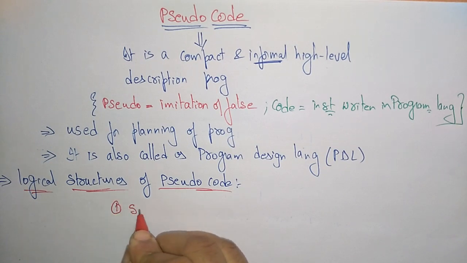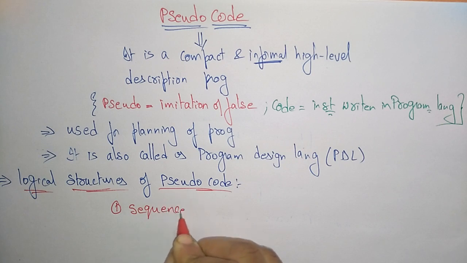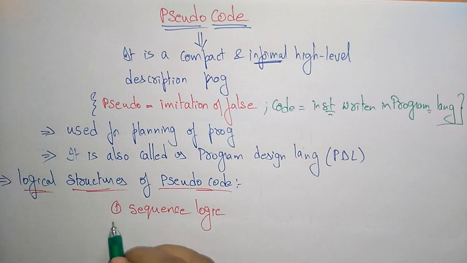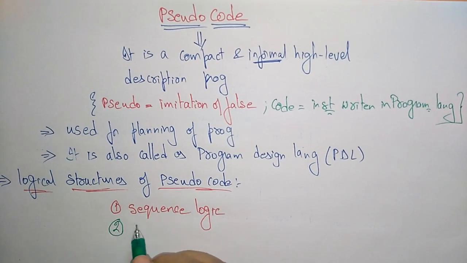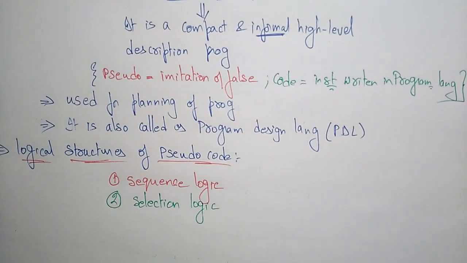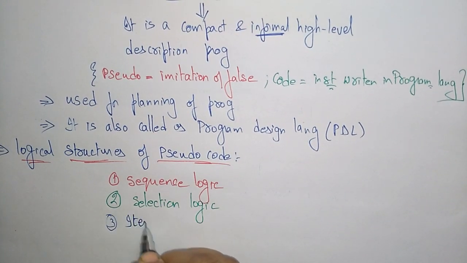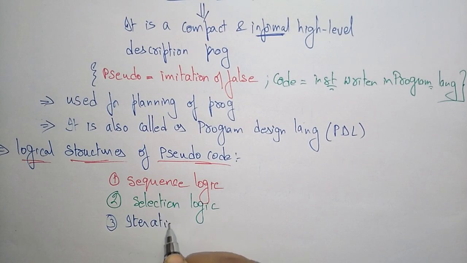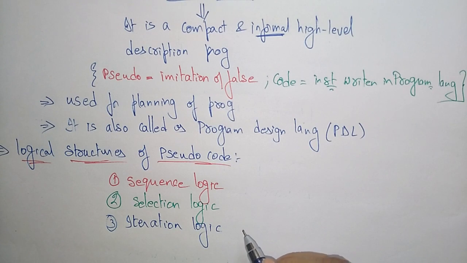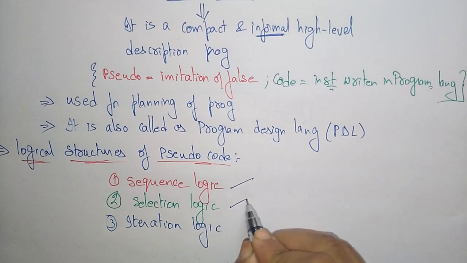One is sequence logic, another is selection logic, and next is iteration logic. These are the three different logical structures of pseudocode: sequence logic, selection logic, iteration logic. Let us see one by one.